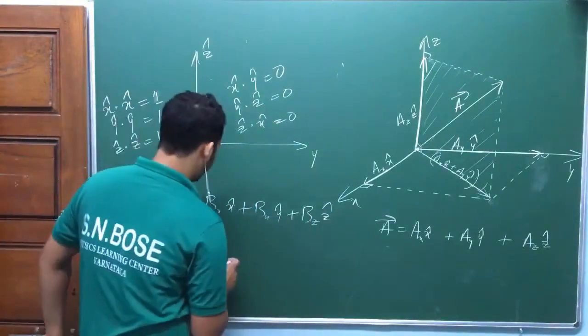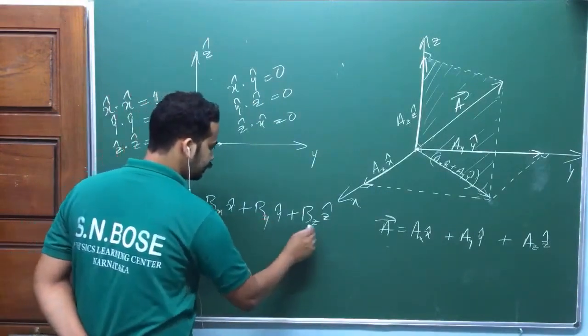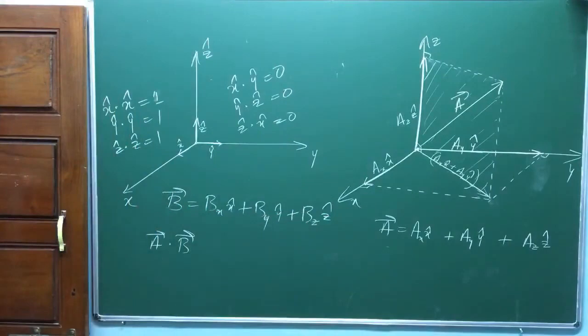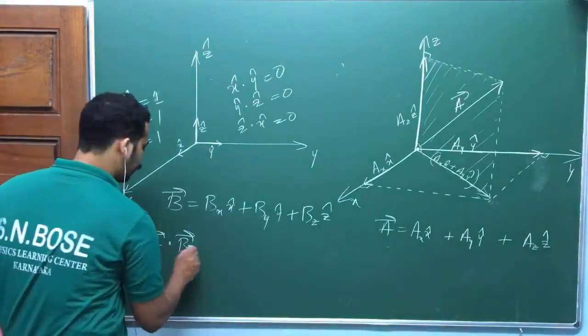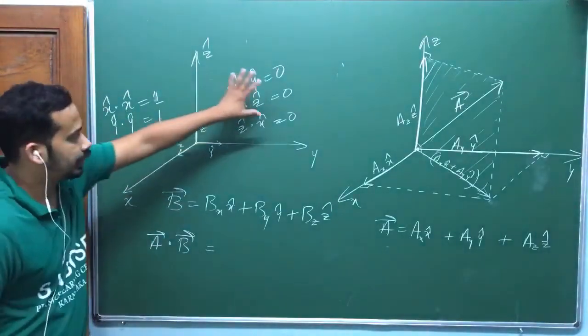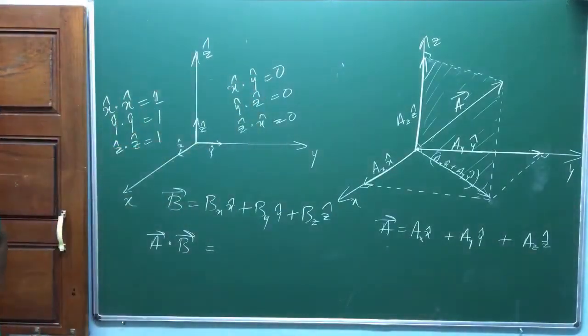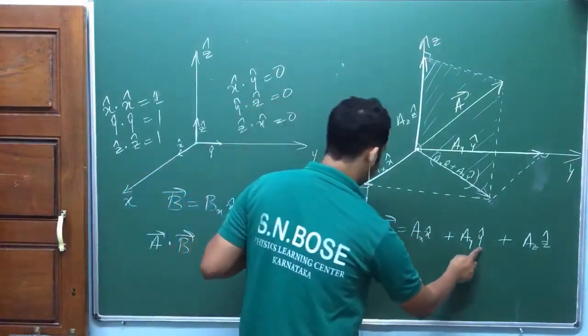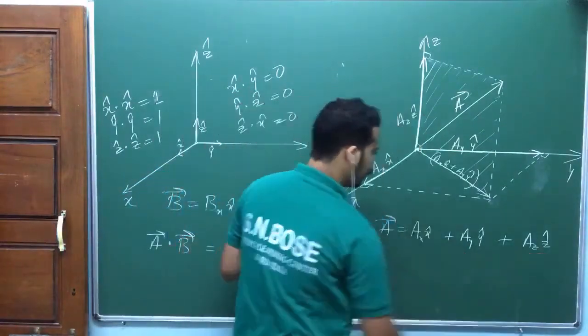So that's why you can take the dot product between a and b. Suppose a and b are defined like this. Can you see this one? If you work out a dot b using this idea, only the x cap dot x cap part, y cap dot y cap part, and z cap dot z cap part will remain.